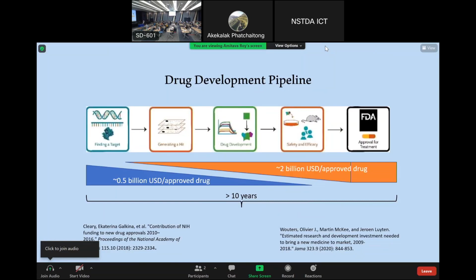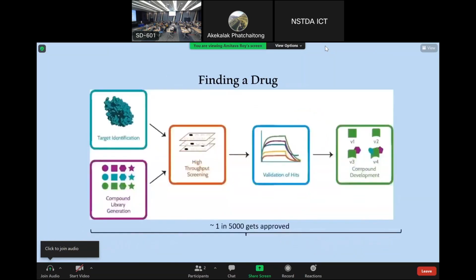Now, in the first part, when you have identified the target, at least a few years back, before the computational field developed, typically the big pharmaceutical industries, what they used to do, they have their own in-house compound libraries where they have millions of compounds that have been synthesized.